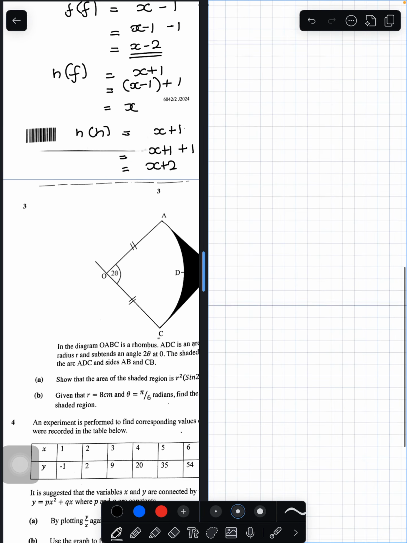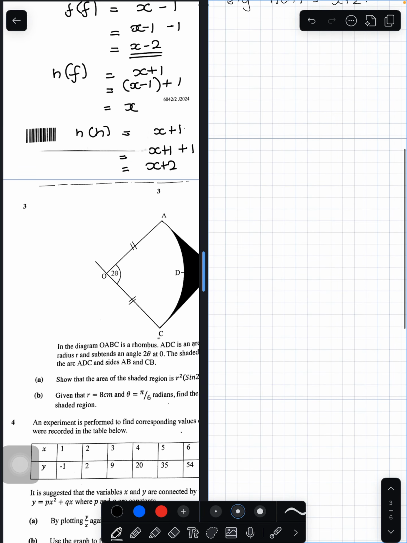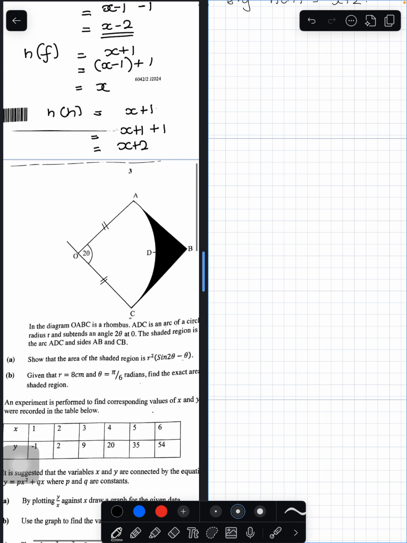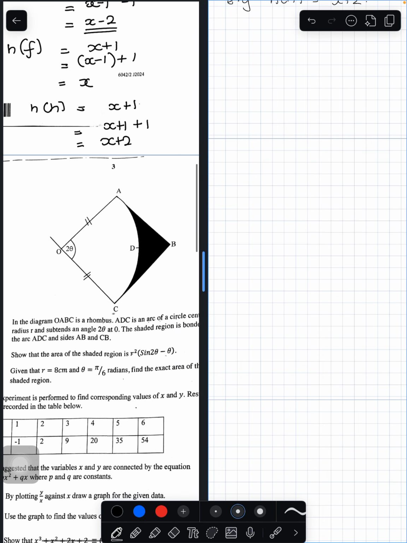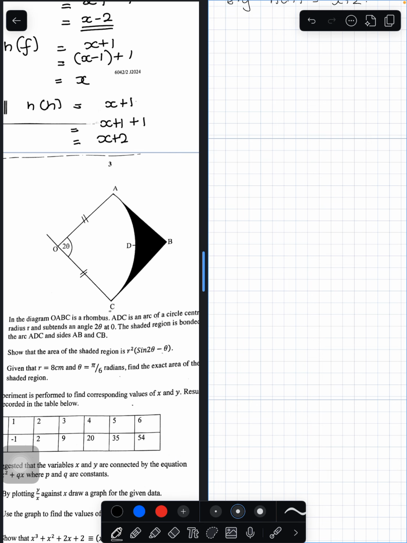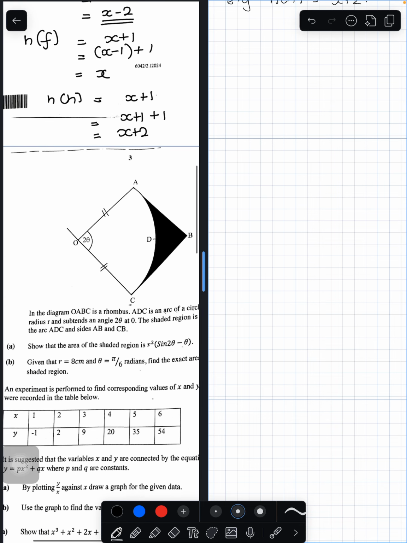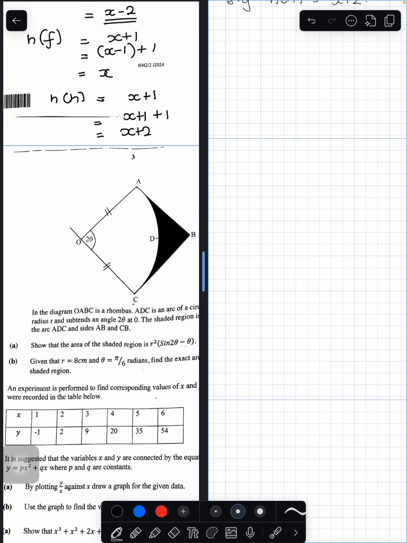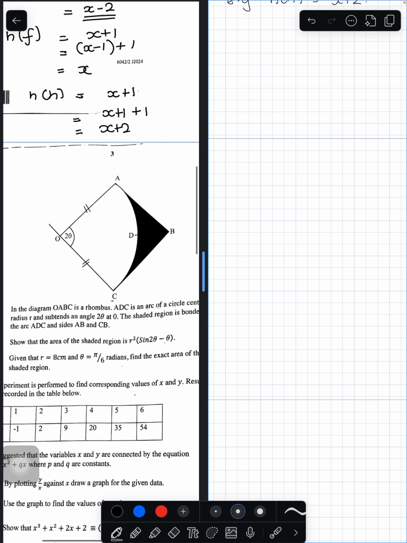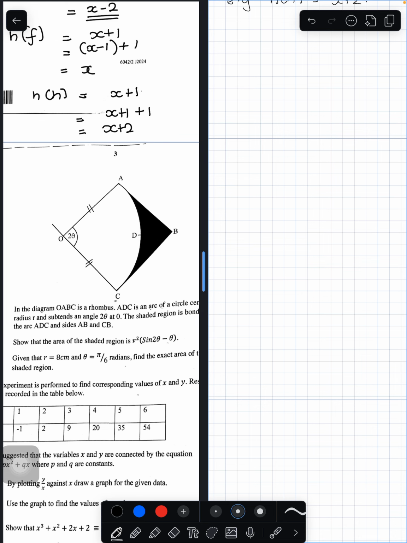So let us find the area of the shaded region. What do we have? We have a rhombus AOBC, and ADC is an arc of a circle, center O, radius R, and subtends an angle 2 theta at O. The shaded region is bounded by the arc ADC and sides AB and BC.